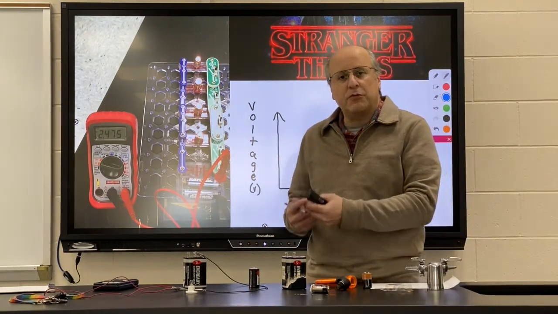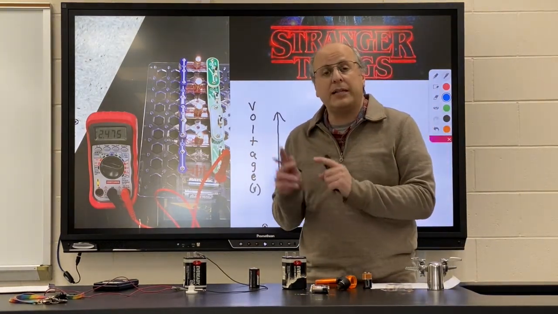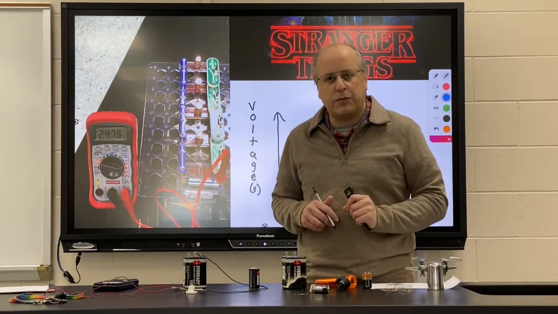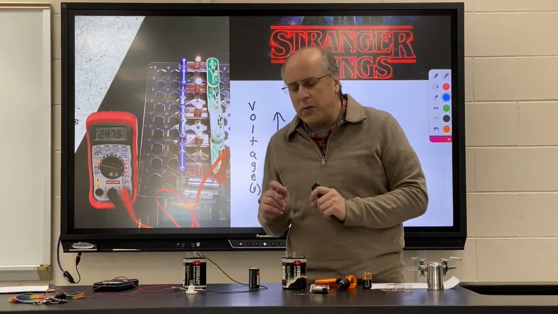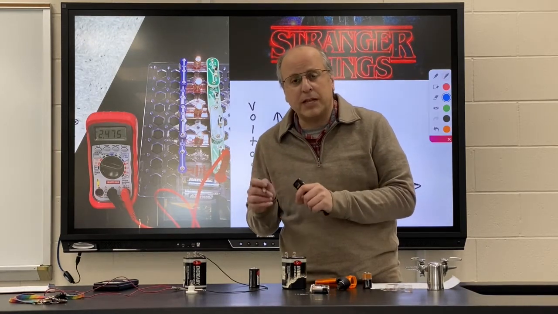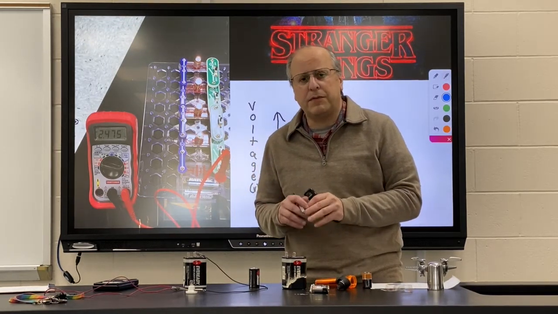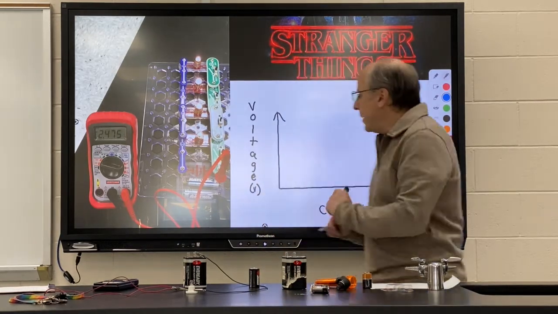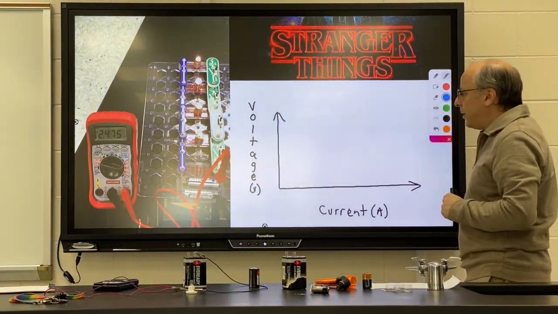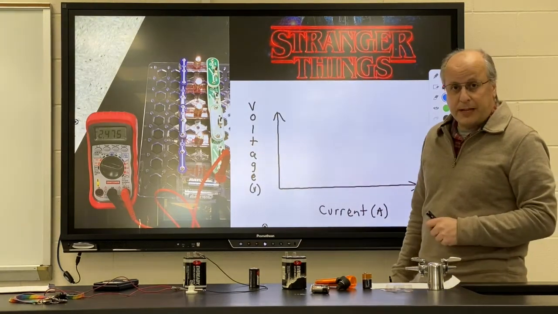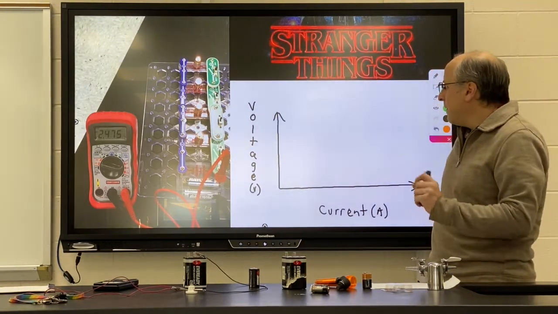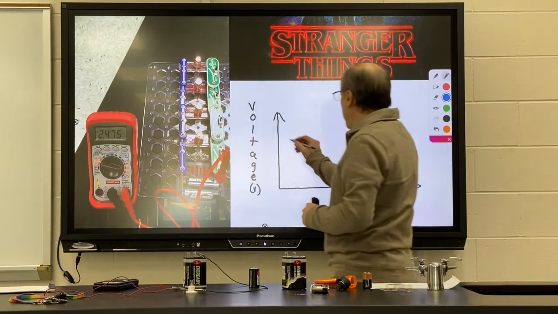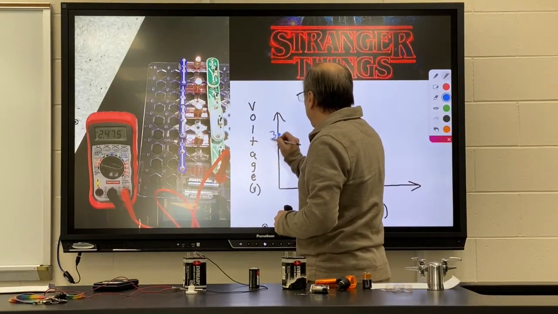Something happens in real life when you are trying to get a lot of current from a battery that we did not account for. This phenomenon always happens, but most times the currents are small enough that we don't even notice it and we don't need to take account of it. But in the case of these light bulbs, we can see it's pretty significant. So what's happening? First of all, let's plot out what we did. When we had no current, we had a voltage of 3.